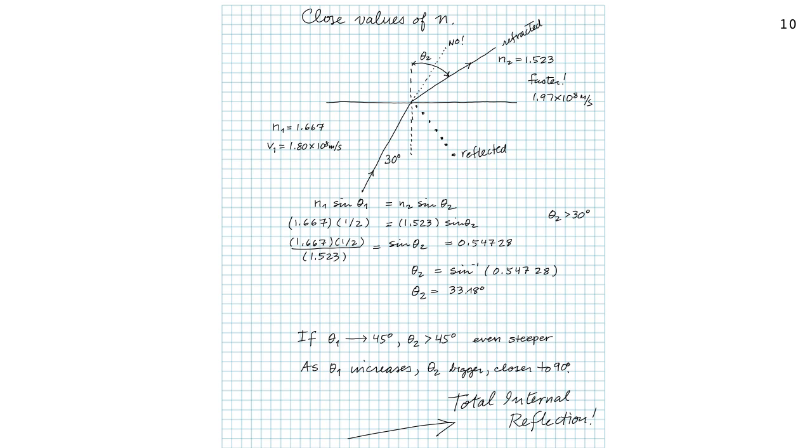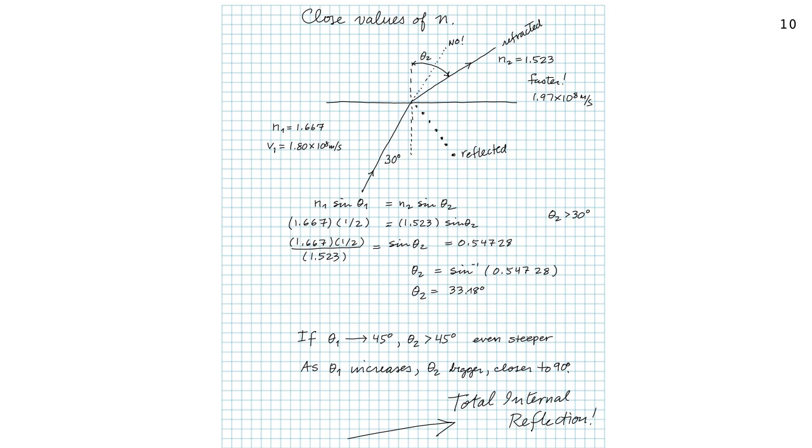Now, let me ask you this. Which one is faster? The speed of light is faster in which medium? Number 1 or number 2? Number 2, because its index is closer to 1. So this is the faster medium.